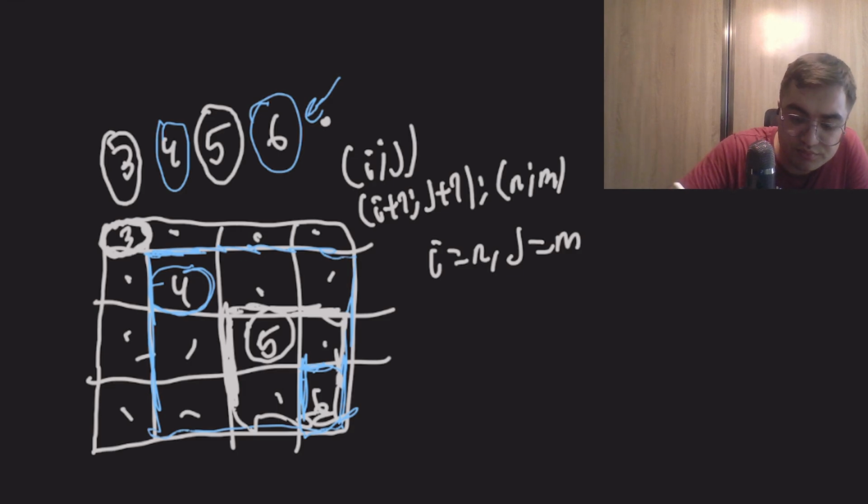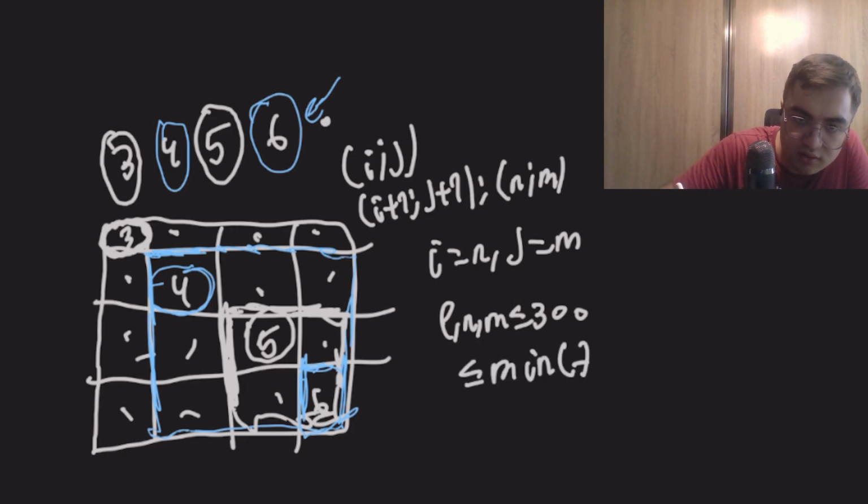In the easy version, n and m are both smaller than or equal to 300, and all numbers in the matrix and array are smaller than min of 7 and n times m.